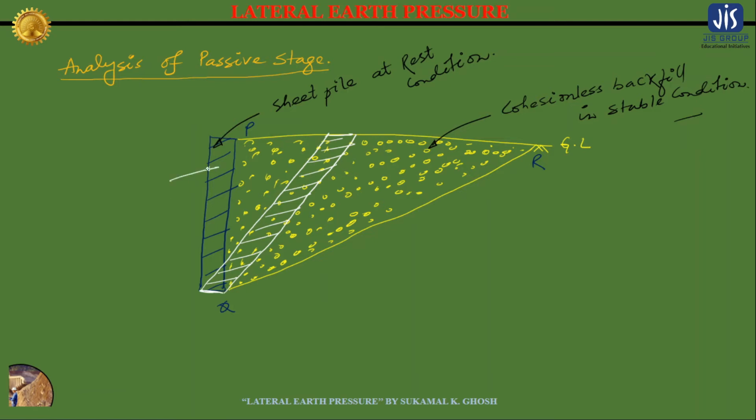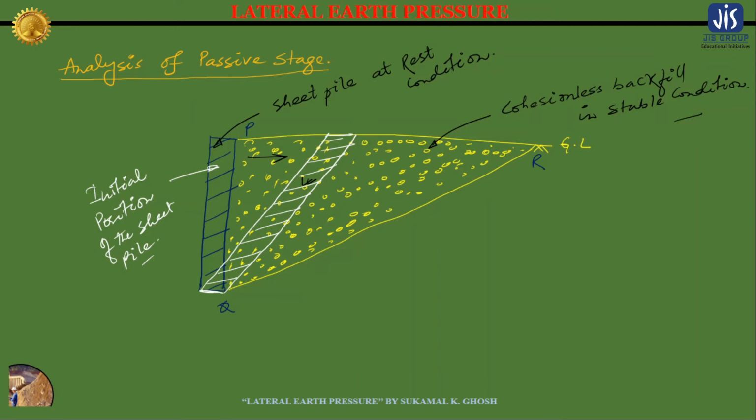This was the initial position of the sheet pile, or you can say the retaining wall. And this is the position of the sheet pile after moving it about its base towards the backfill, right?